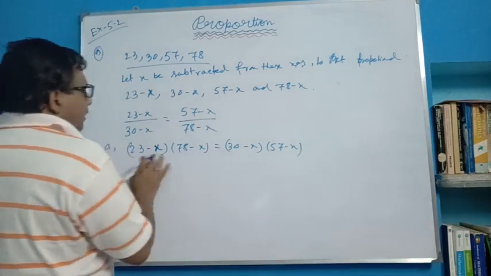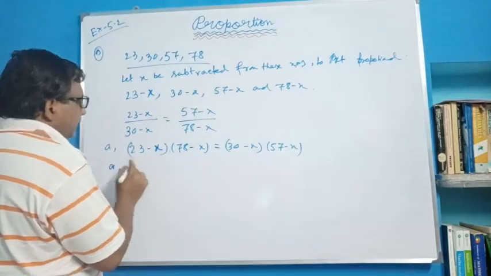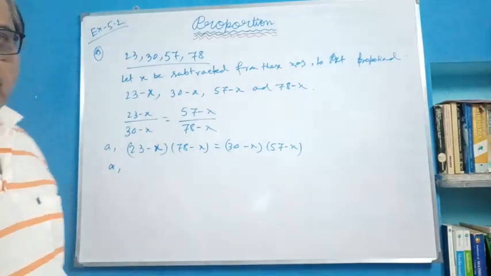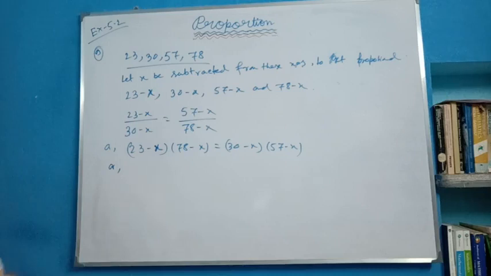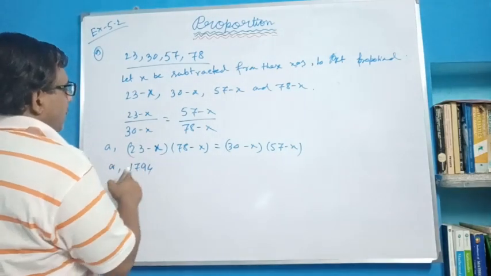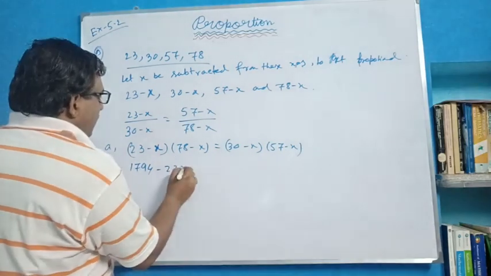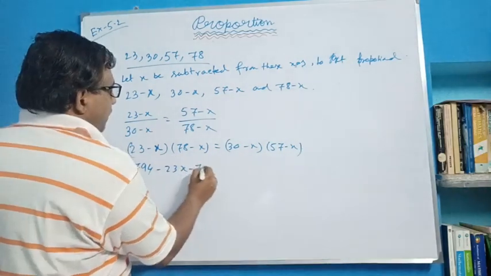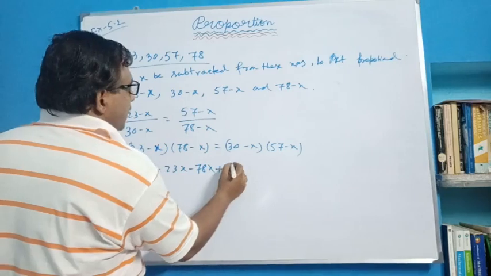Or 23 into 78, how much? Most probably 1794, minus 23x minus 78x plus x square.